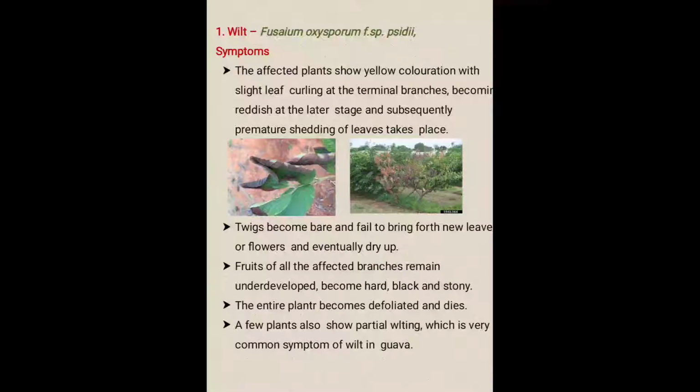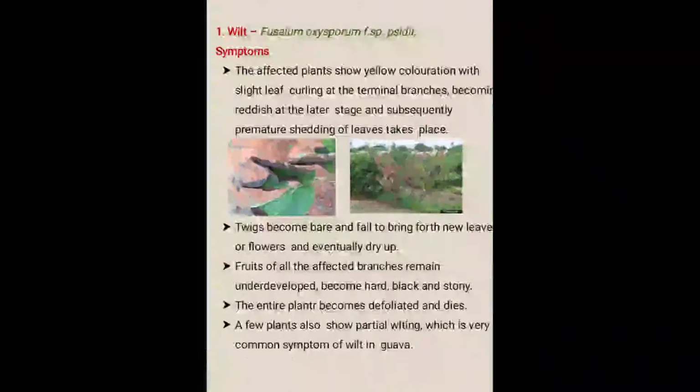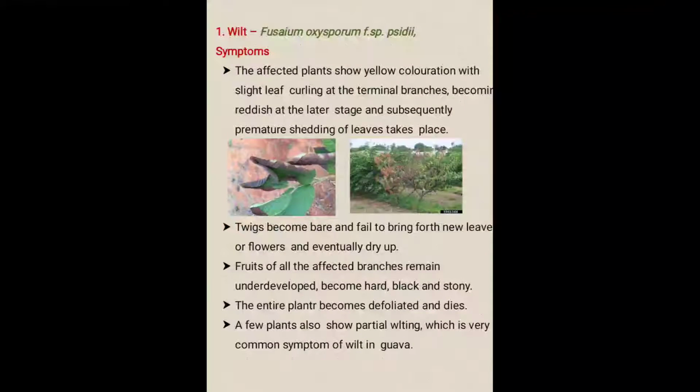The entire plant becomes defoliated and dies. Defoliation means what? Loss of leaves or leaf shedding can be observed, and ultimately the plant dies. A few plants also show partial wilting, which is a very common symptom of wilt in Guava.